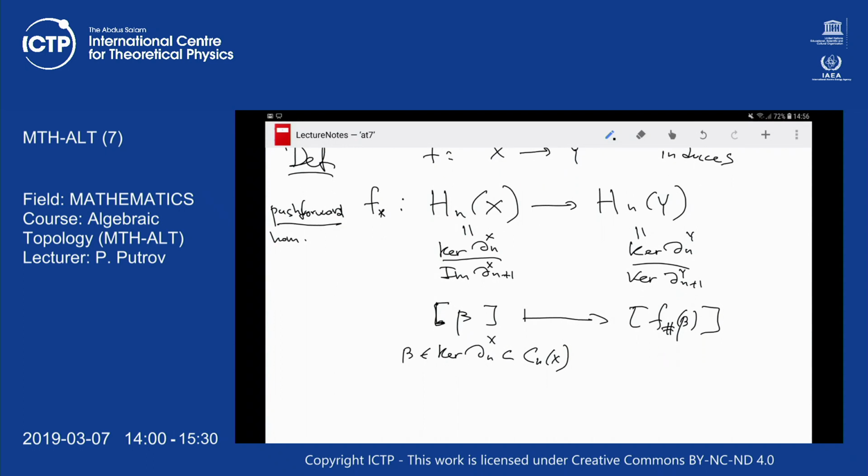Of course, as usual for maps between quotients, we want to show this is actually well defined. There is just a typo, it should be image in the homology. Yes.